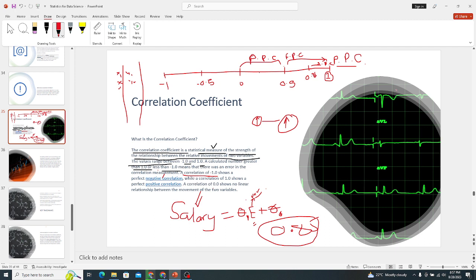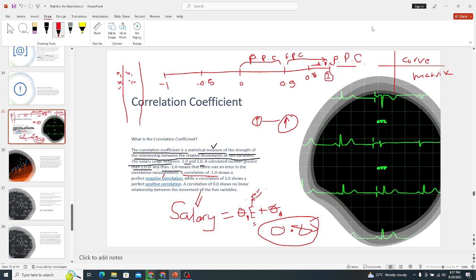Maybe when we'll be calculating in our exam, our practicals, we'll come up with something called a correlation matrix.